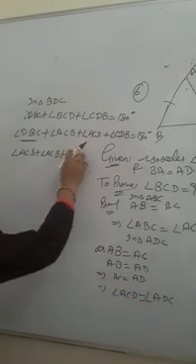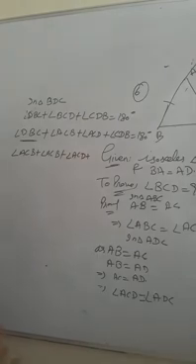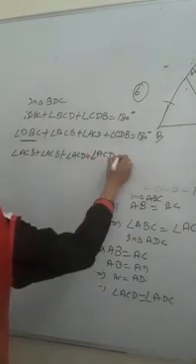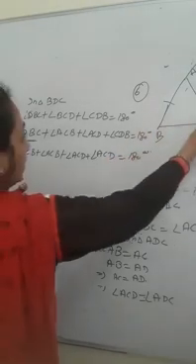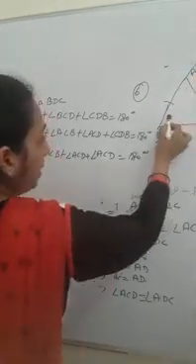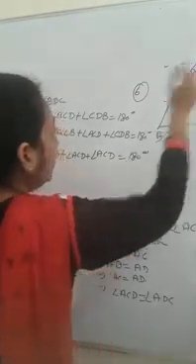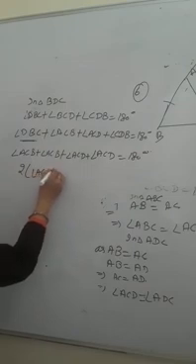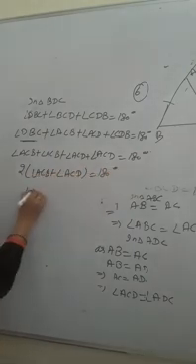So in place of this we can write angle ACD plus angle ACD is equal to 180. These two angles are equal, these two angles are equal. So in place of this angle we have written ACB, and in place of this angle we have written ACD. So here we have twice of angle ACB plus ACD is equal to 180.